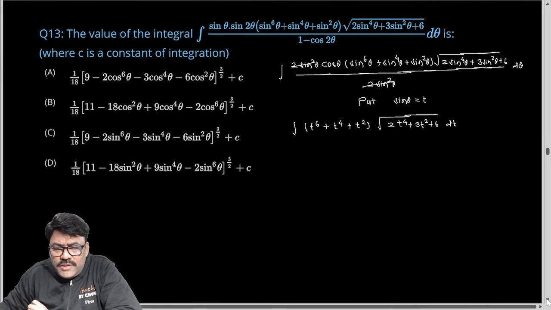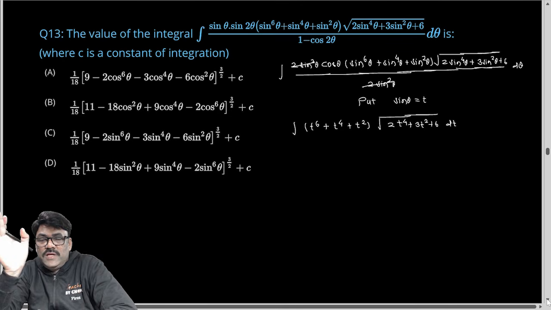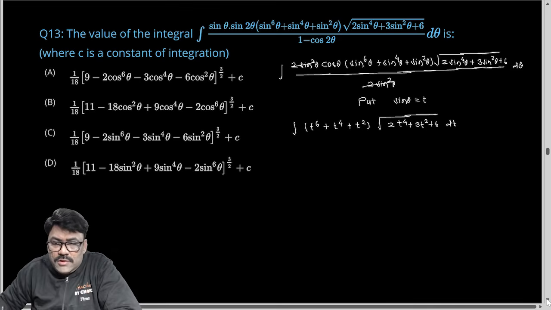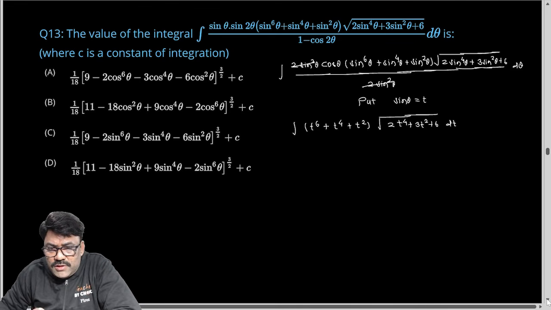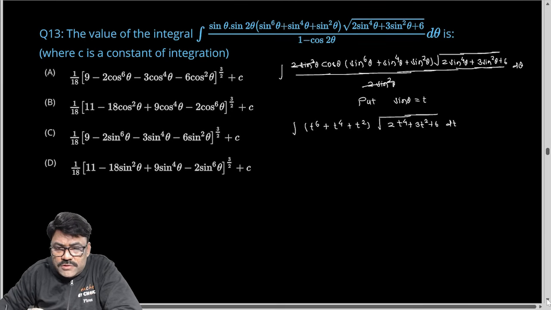Now somehow I have to form the derivative of the quantity inside the root. But here if I take the derivative, I will get 8t cube plus 6t plus 0. So I'm not getting it like this. So I have to do some manipulation here.